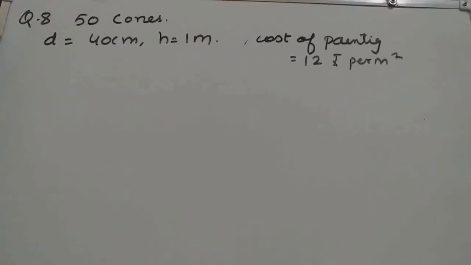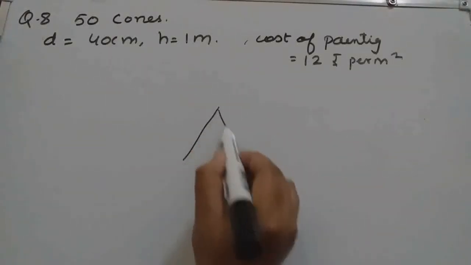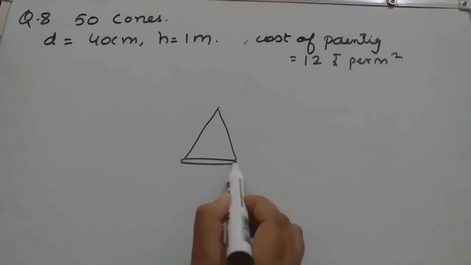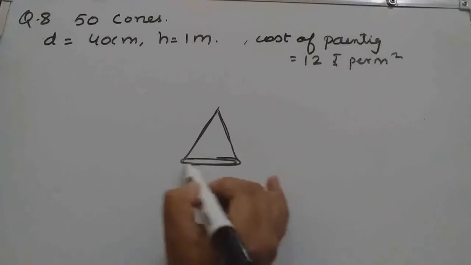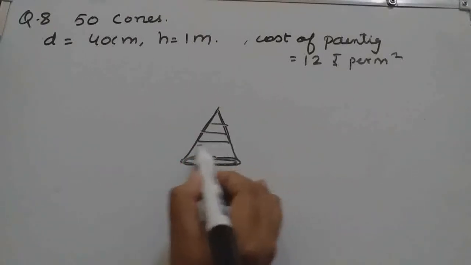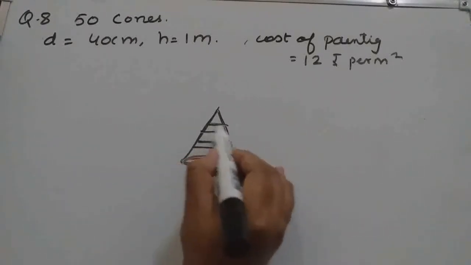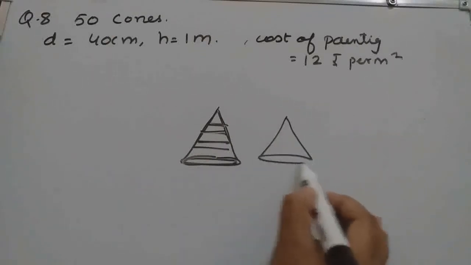Question number 8 is very easy. Only the thing is, the story behind the question is, a bus stop is barricaded from the remaining part of the road. You must have seen this shape of the orange and white strips, or completely orange.